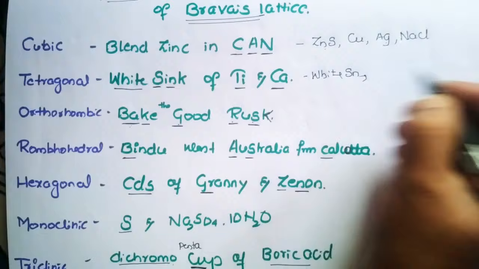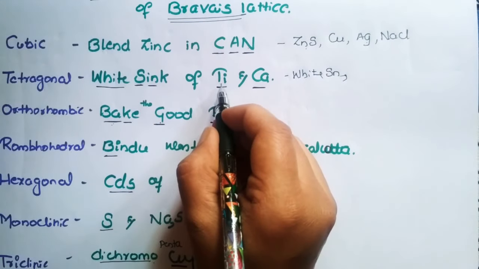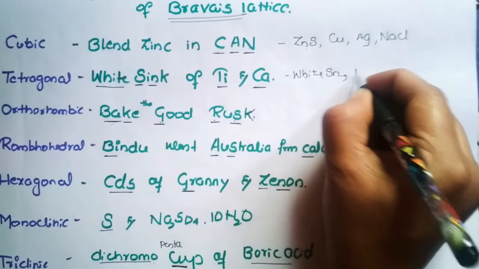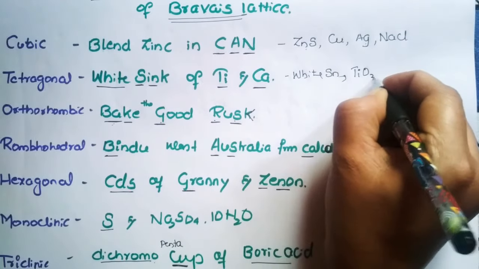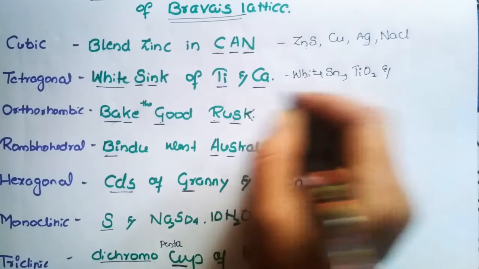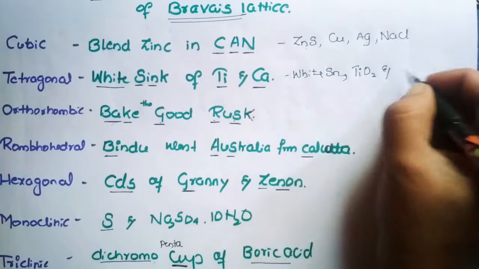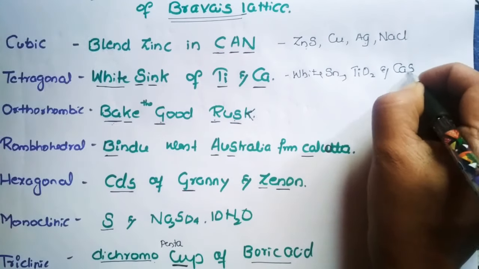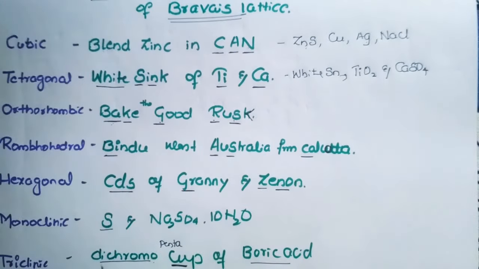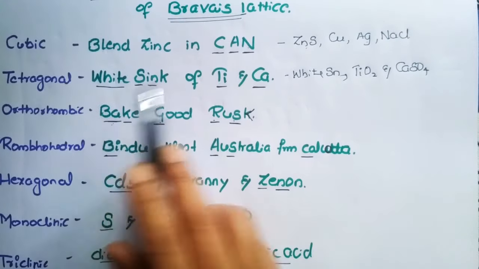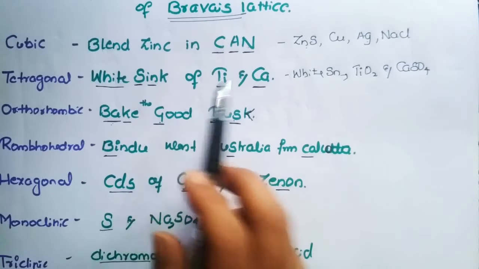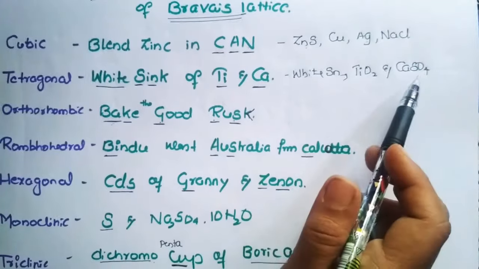Ti we know is titanium, but here you have to take titanium oxide, and Ca we know is calcium, but here we take calcium sulfate. So white tin, titanium oxide, calcium sulfate.